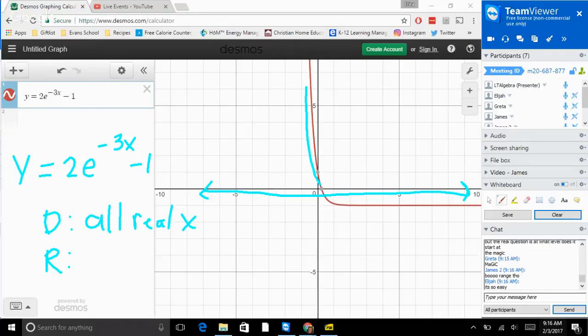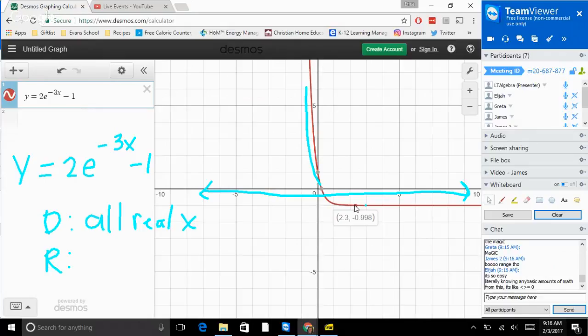Our range is a little bit trickier. Okay, so our range basically comes down here. If I can scroll along here, if it'll let me. There we go.